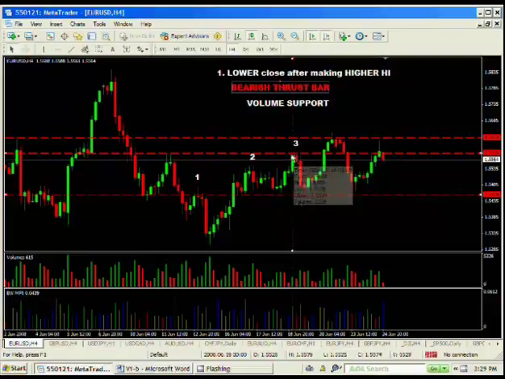So even though this thrust bar is on low volume, when we throw in our other factors such as who's buying and who's selling, we can see that this bar is actually a weak bar, meaning the strength is downward.